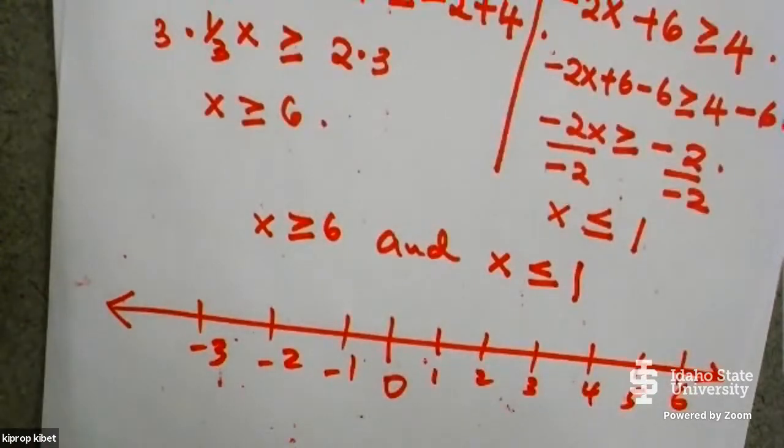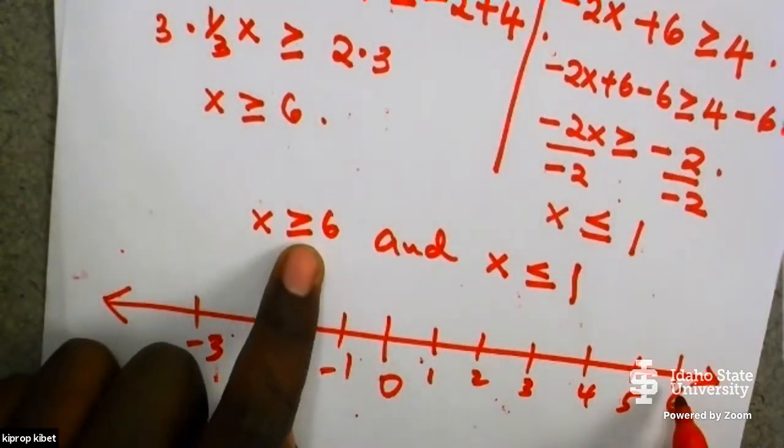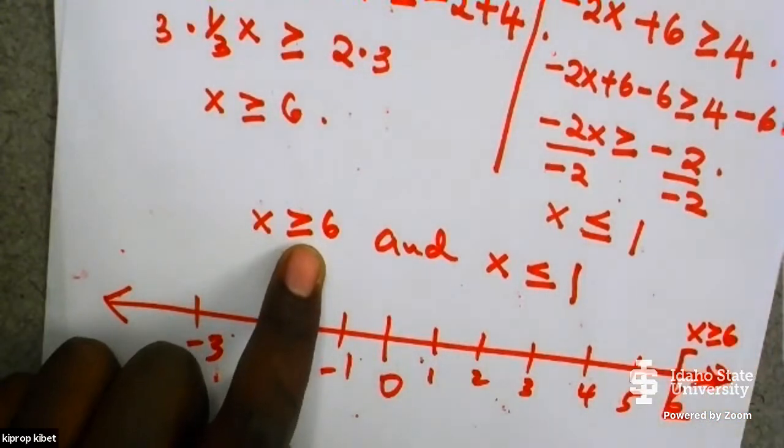You don't have to write a lot of negatives. So let's start from x greater or equal to 6. And this one is what? Closed, right? So it will be like this, and then it goes this way. So this is x greater or equals to 6.